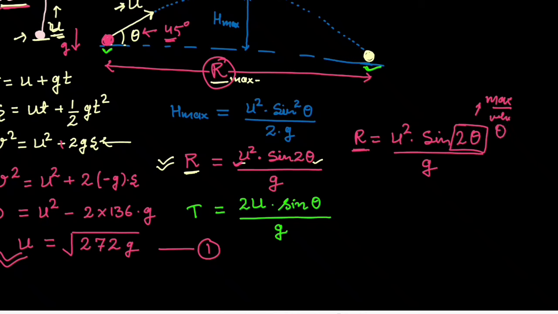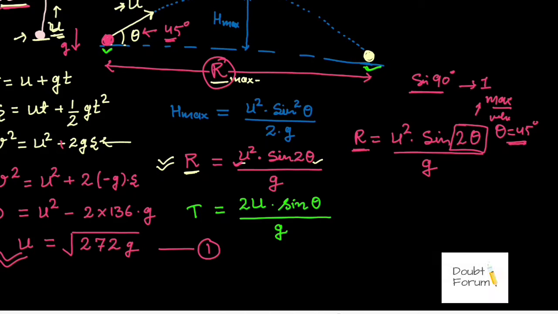When theta is 45 degrees. Theta would be 45, so 2 theta would be 90, and we know sine is maximum, which is 1, when the angle is 90. So when the angle is 45, twice the angle becomes 90, and the value of sine of 2 theta would be 1.